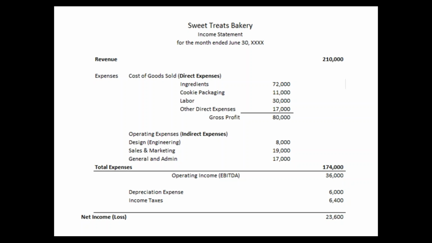So looking at this again, we mentioned before that all of these accounts will be found on your chart of accounts, which is something your accountant or system tracks, but they are adjustable for your particular company based on what you want to track, what you want to analyze. So this cookie company must pay big attention to their cookie packaging, because they decided to list that out as a separate expense, a very specific expense among all these other things.